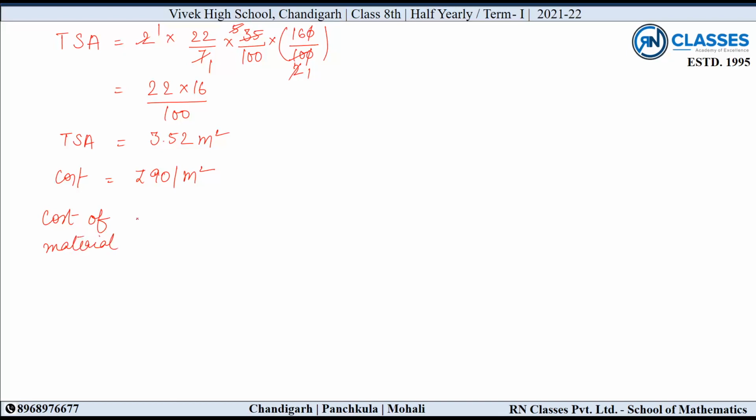So what would be the cost of material? Total surface area is 3.52 into 90 per meter square. So answer would be, cost of material would be 316.8 rupees. ठीक है. So cost of material तो मुझे मिल गई.